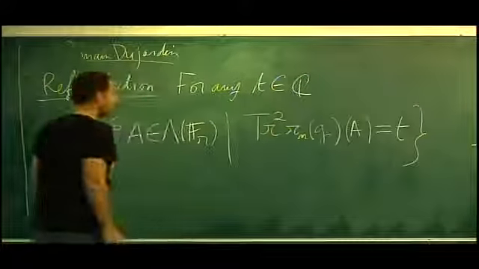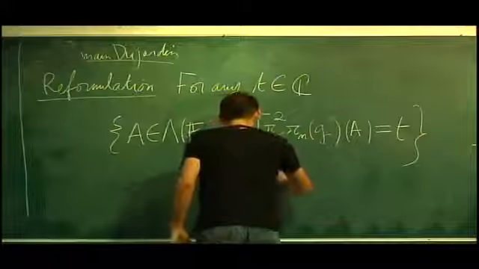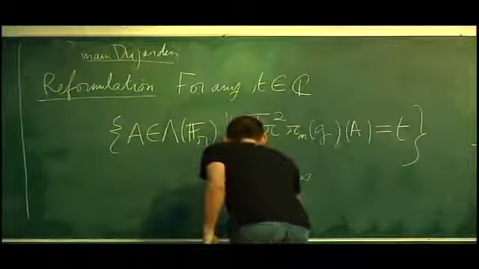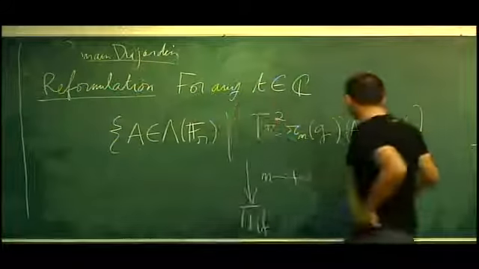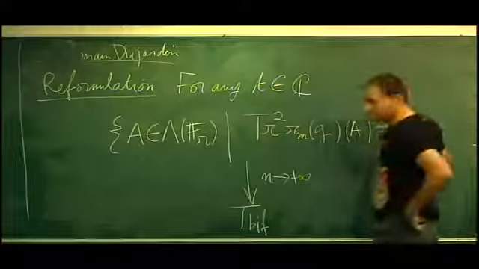And so what the reformulation says is that this tends, as n tends to infinity, to a certain current, T BIF, which depends on mu, but not on T.